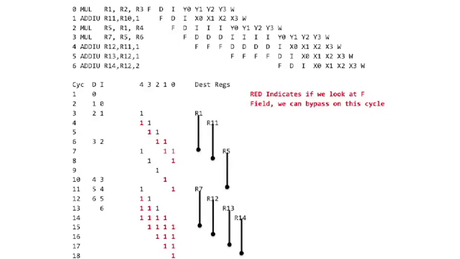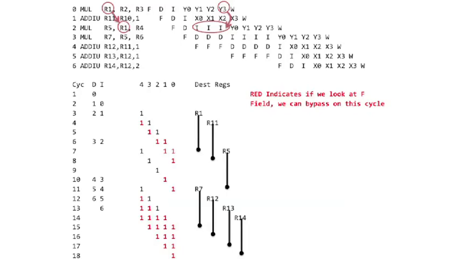OK, so let's look at our first real read after write dependence. Here we have a multiply, which is dependent on R1. As you can see, that instruction is going to sit in the issue stage until the value is bypassed down here into the issue stage, and then that instruction can issue.